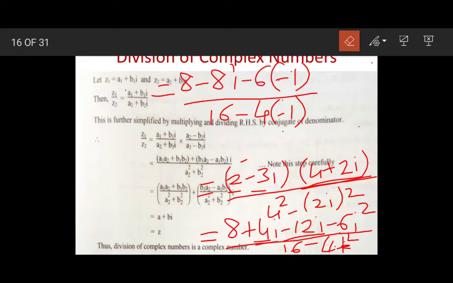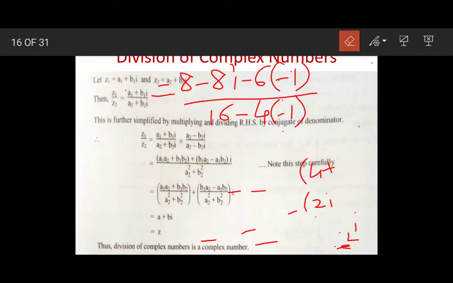Since the sum is quite lengthy, I need to clean the screen.